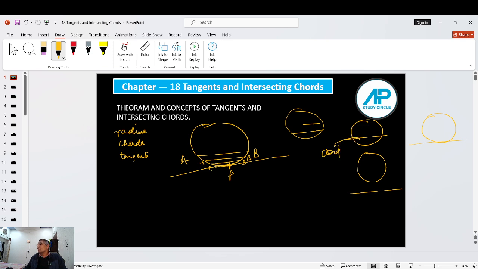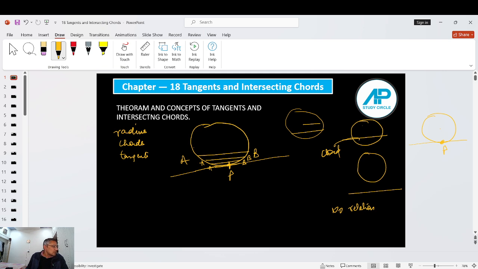Here there is no relation between the circle and the line, but here this line is touching the circle at one point. This is a tangent to the circle, right? That is the one property you must always look for whenever you're trying to find out whether a line is tangent to the circle or not. It must touch the circle at one point. That makes it a tangent.